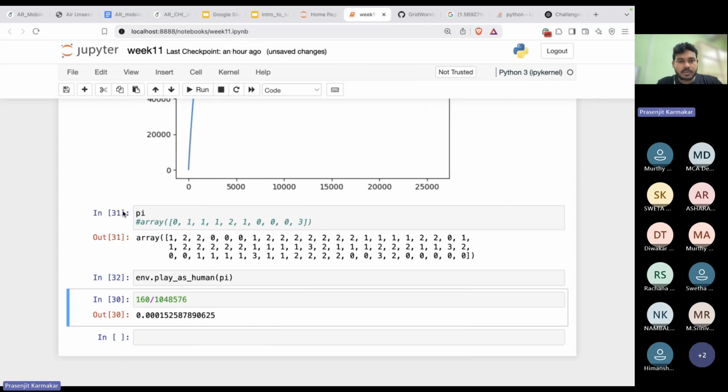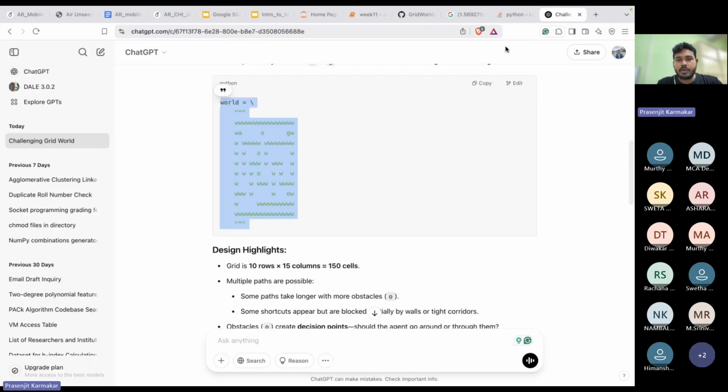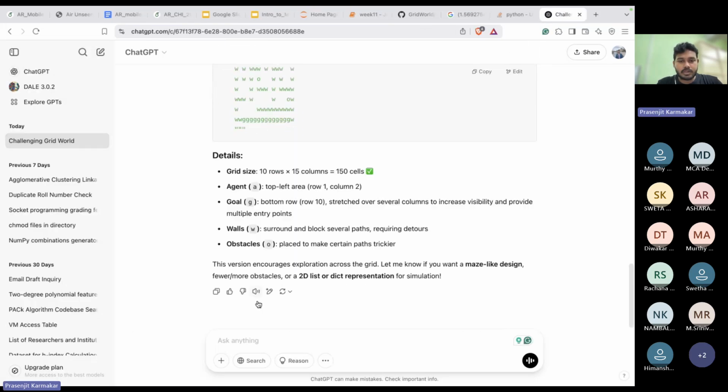Okay, leave it. Let's go with another grid world. Give me another grid world. But you get the idea, right?